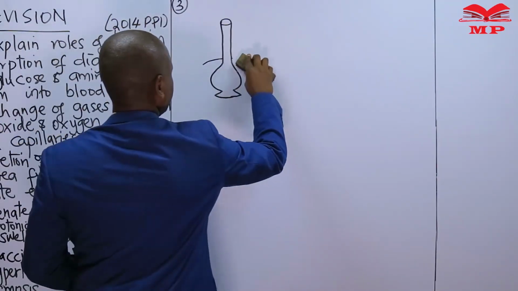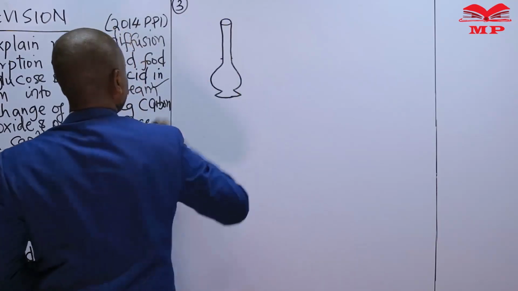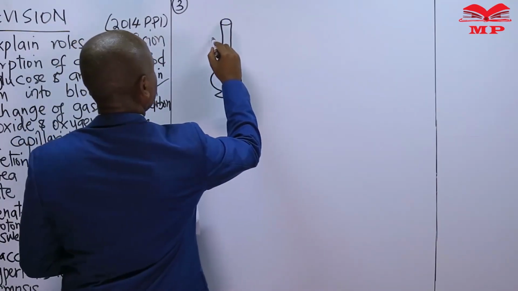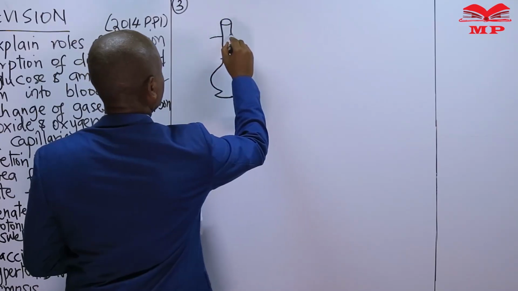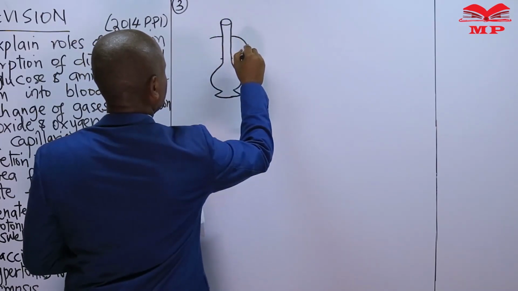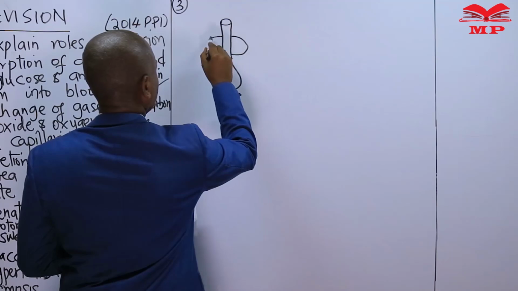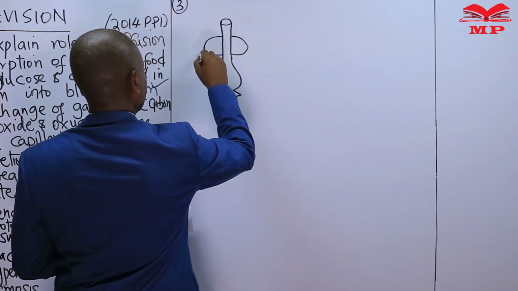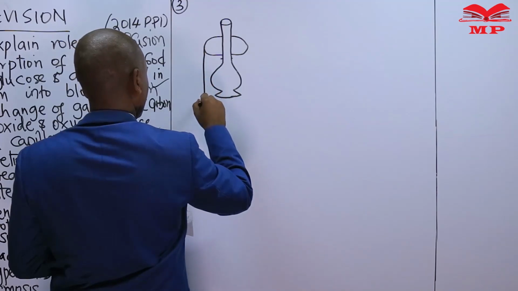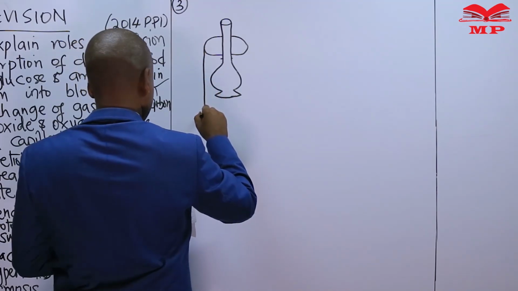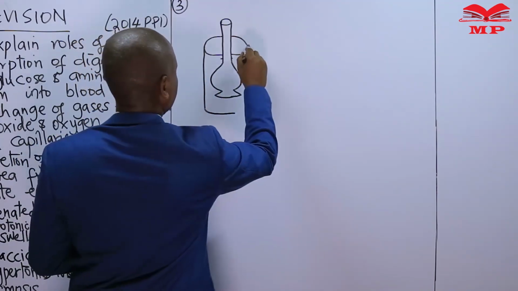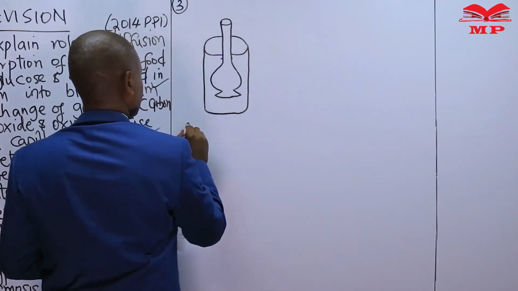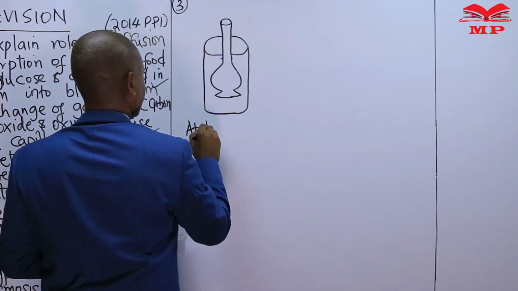We adjust it a bit here so that it's maybe more clear. So we have that is the one. Then we have the beaker, which contains distilled water. So this is at the beginning of the experiment.